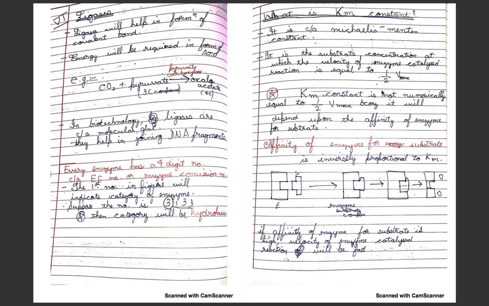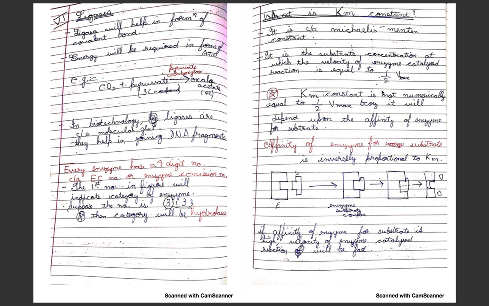Now another topic is the Km constant, a very important topic. It is also called the Michaelis-Menten constant. It is the substrate concentration at which the velocity of the enzyme catalyzed reaction is equal to half of its maximum value.